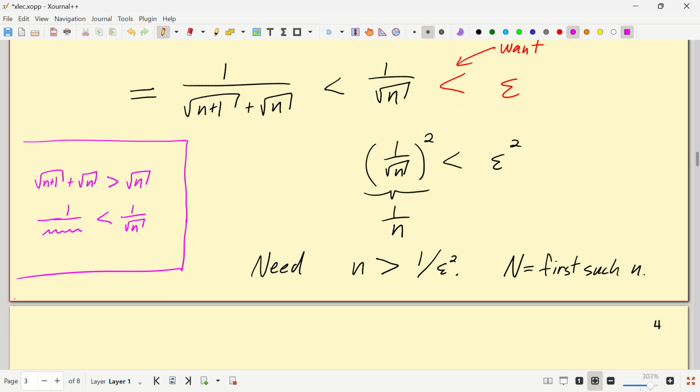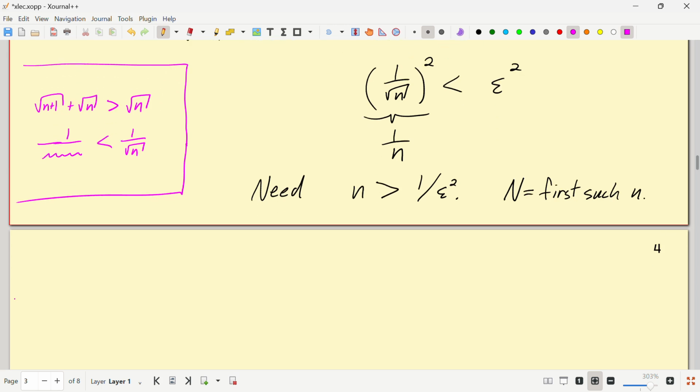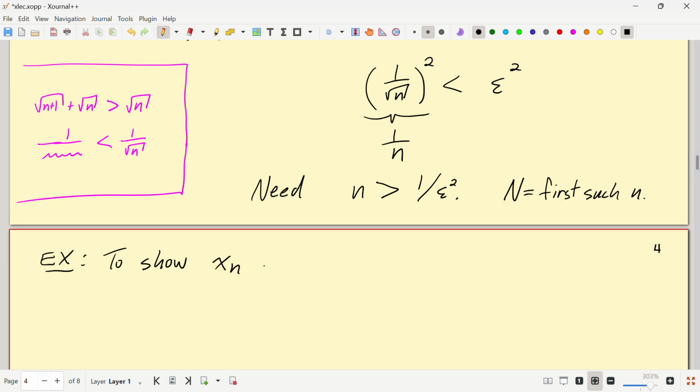Okay, so now lately I've been showing you examples that actually converge. When you want to show that something doesn't converge, you would have to come up with an epsilon for which this thing fails, just so that xn doesn't converge.